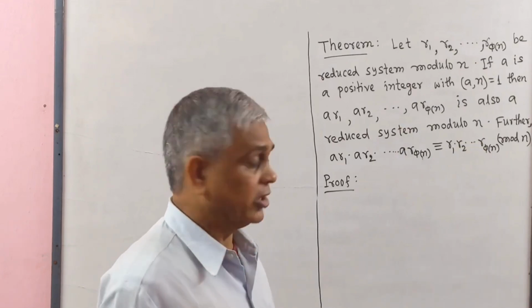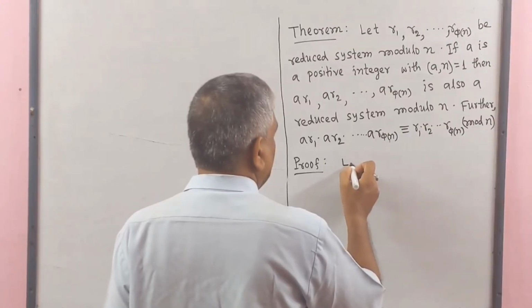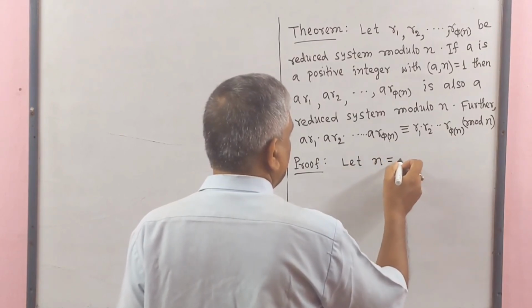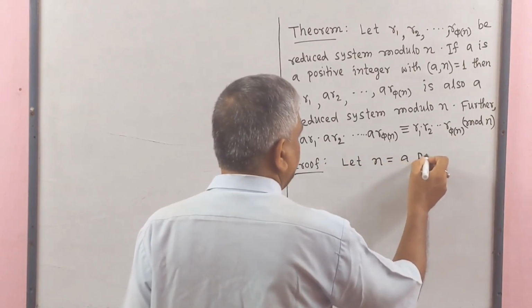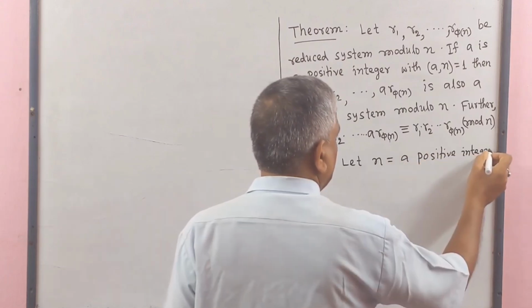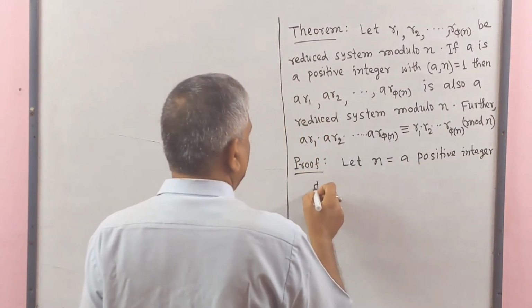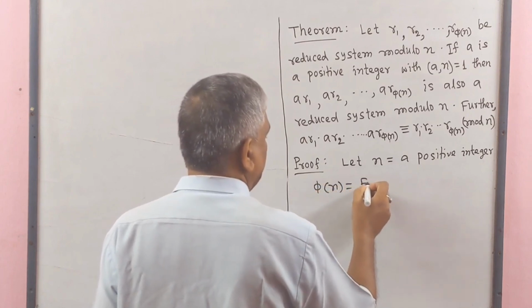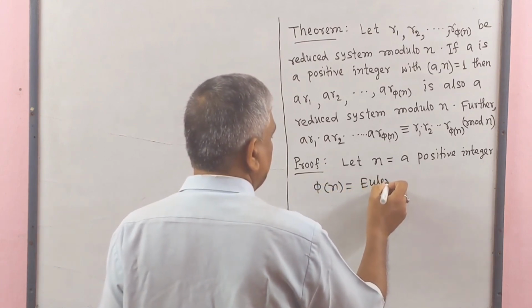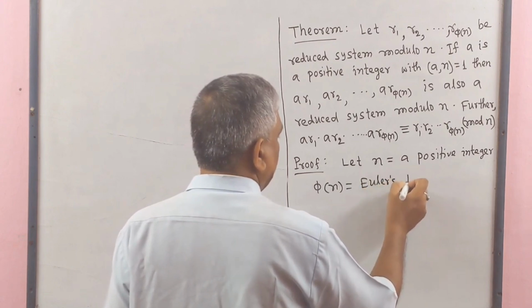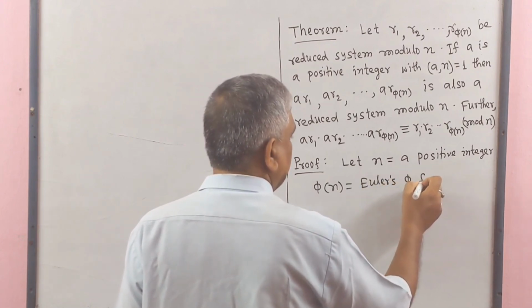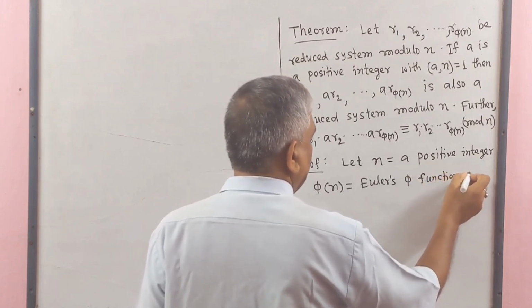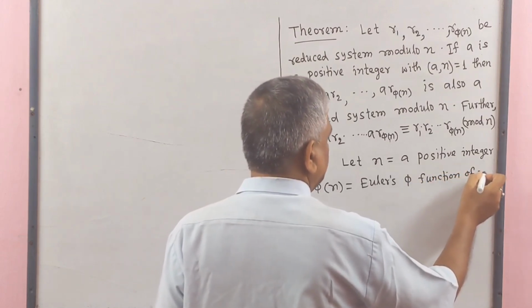Now we prove this. Let n be a positive integer, and phi n equal to Euler's phi function of n.